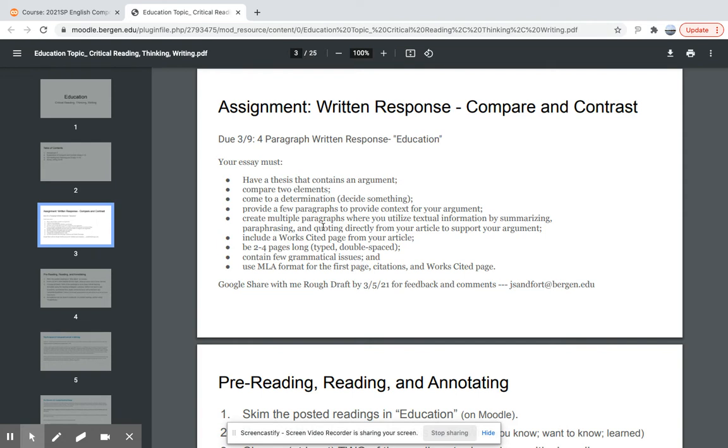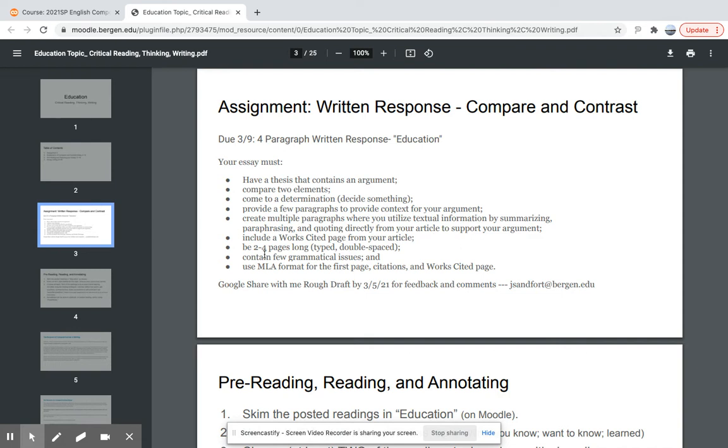So due March 9th is a 4-paragraph written response on the topic of education. Your essay must have a thesis statement that contains an argument, compare two elements, come to a determination, decide something, provide a few paragraphs to provide context for your argument, create multiple paragraphs where you utilize textual information by summarizing, paraphrasing, and quoting directly from your articles to support your argument.